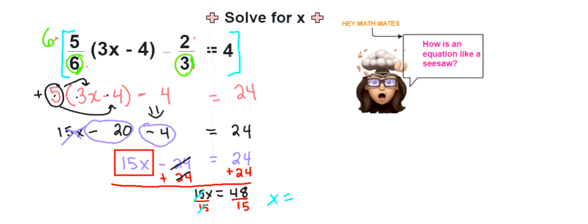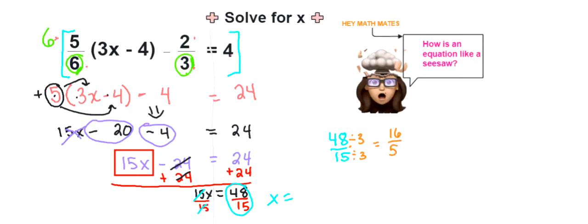Now, on the right side, we have 48 over 15. First of all, it's an improper fraction because the bigger number is on top. But also, when I look at this, 3 goes into 48 and 3 goes into 15. So let's divide 3 out of the top and bottom. When I do that, 48 divided by 3 is 16, and 15 divided by 3 is 5.